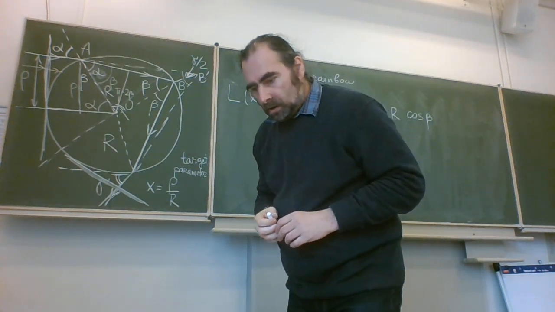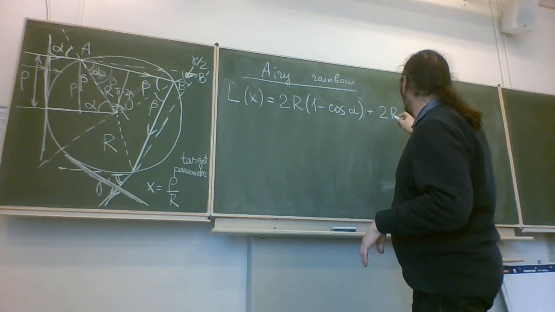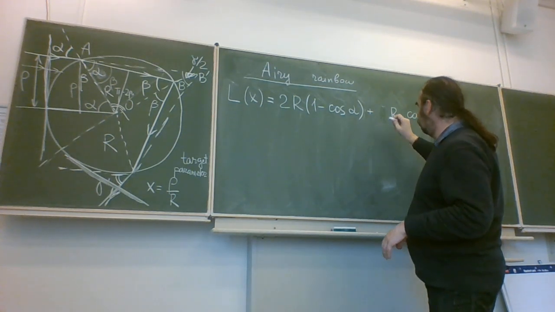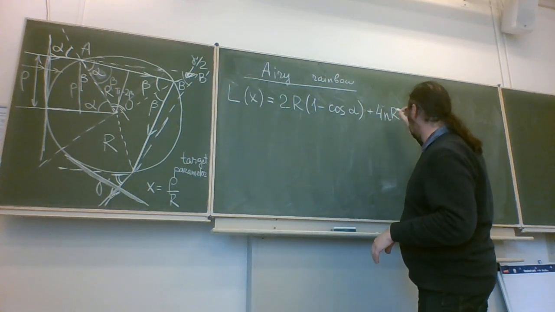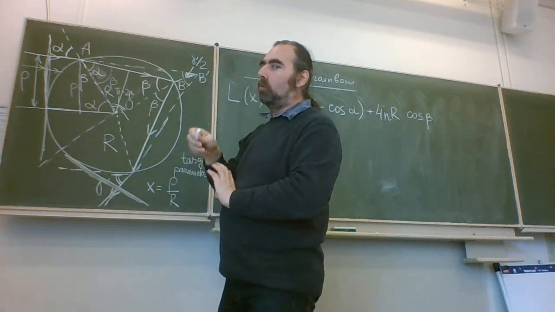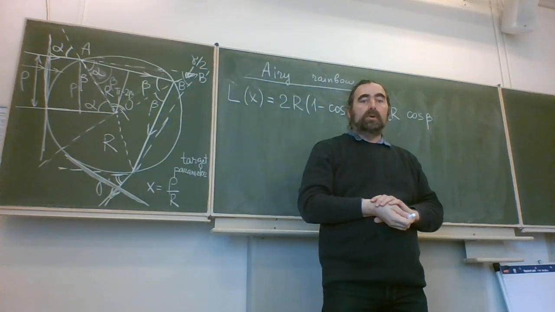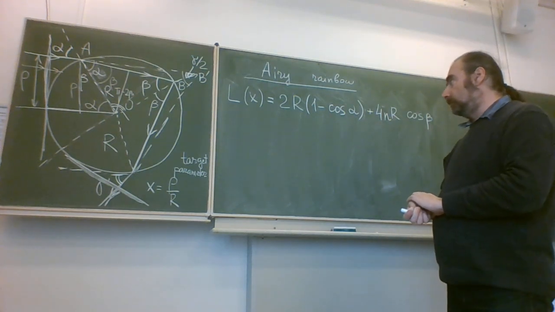And I need to multiply it by 2 because I'm multiplying everything by 2, and with n, because this part is inside water, and if it's inside water, then we have the refraction index, which is not 1.